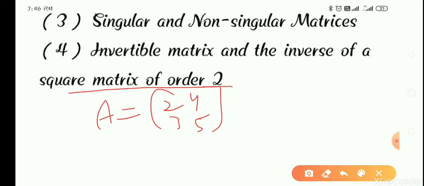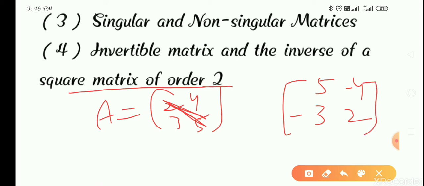You interchange the elements of the leading diagonal, so you take 5, 2, interchange, and you change the sign of the other elements. It will become -3 and -4.